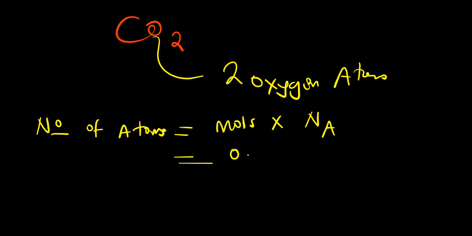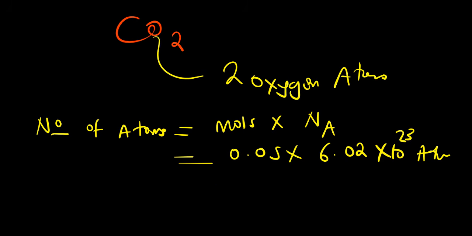We multiply this by Avogadro's number, which is 6.02 times 10 to the power 23 atoms. Now what do we have? 0.05 multiplied by 6.02 times 10 to the power 23. I'm getting 3.01 times 10 to the power 22 molecules.